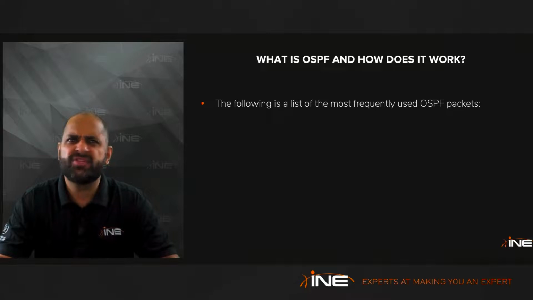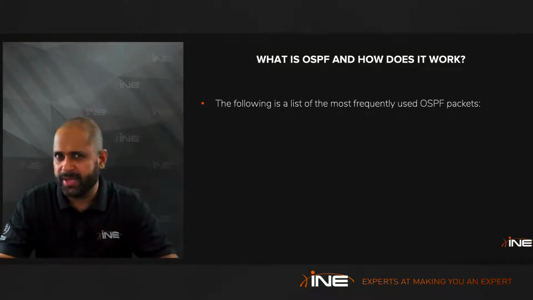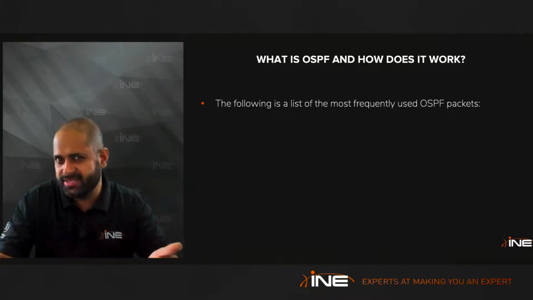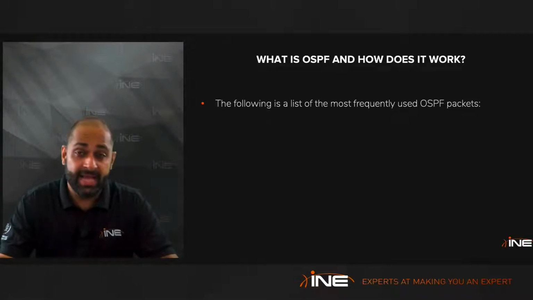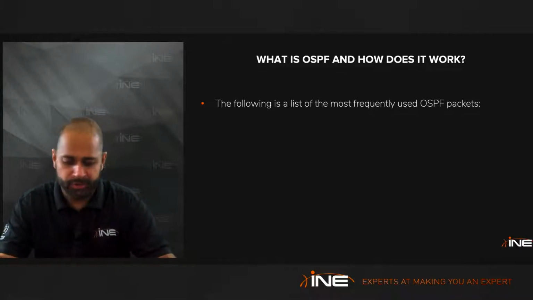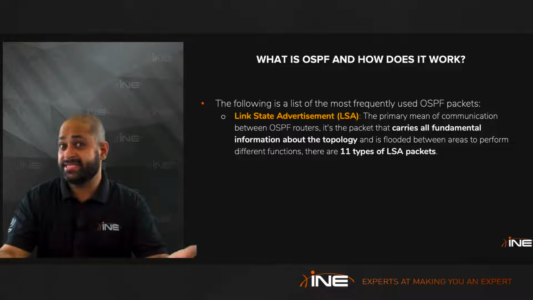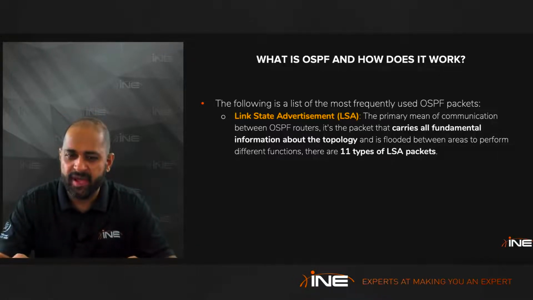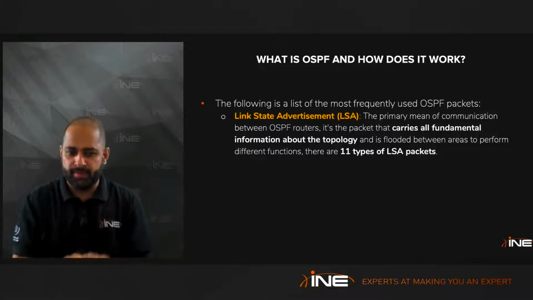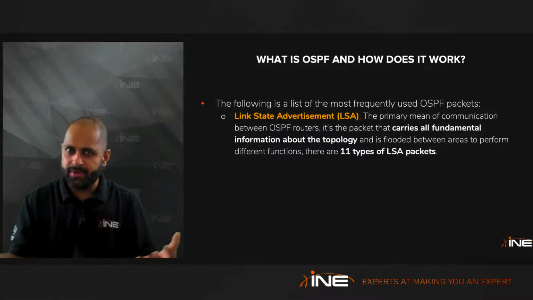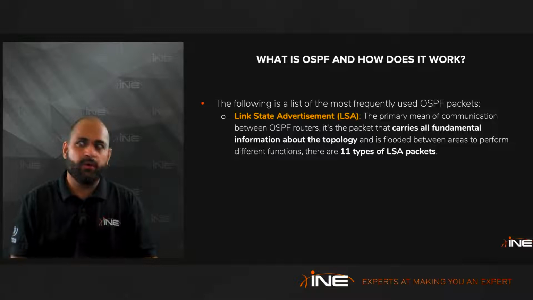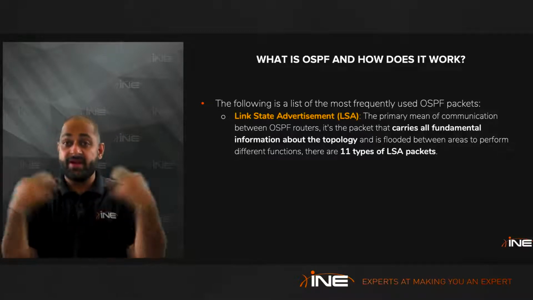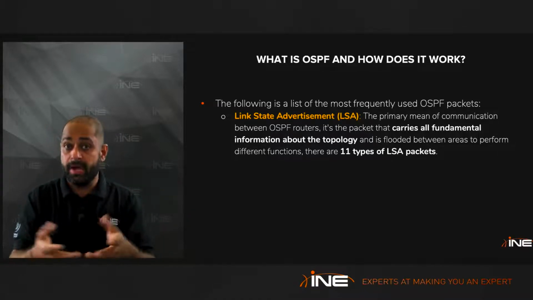So let's look at the most frequently used packets of OSPF. Obviously you know that OSPF sends hello packets. But besides that, there are some OSPF packets that you should know about. The first one is LSA. This is the most important packet of OSPF, which is the main method of communication between two routers. This LSA mainly contains the fundamental information about the topology.